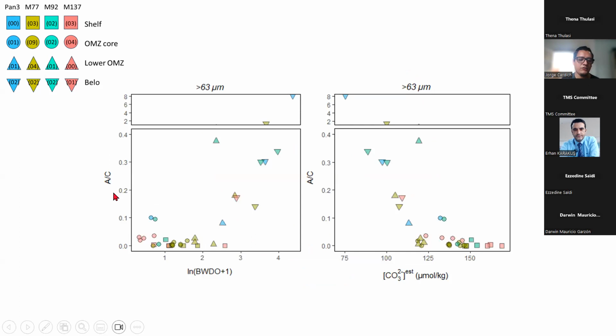We have here the agglutinated to calcareous ratio versus the oxygen and versus the estimated carbonate concentration. We use this ratio as an indicator of the conditions of oxygenation and the saturation of calcite. So you can see in the shelf and the core of the OMC that we don't have a lot of agglutinates.